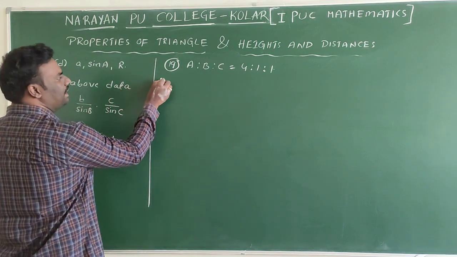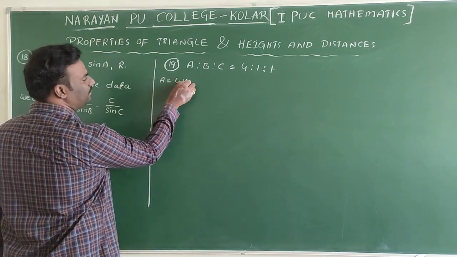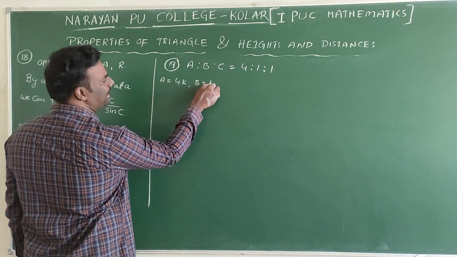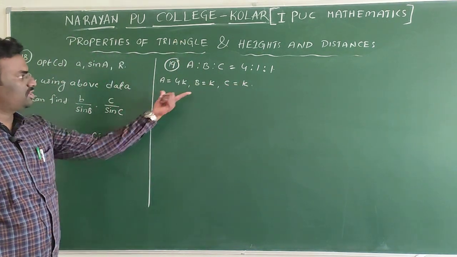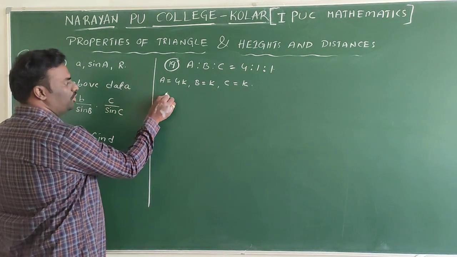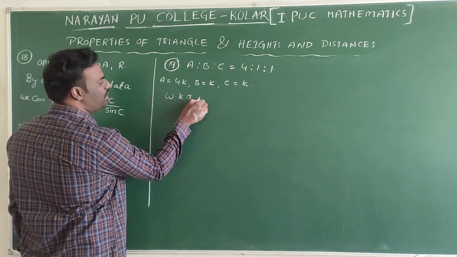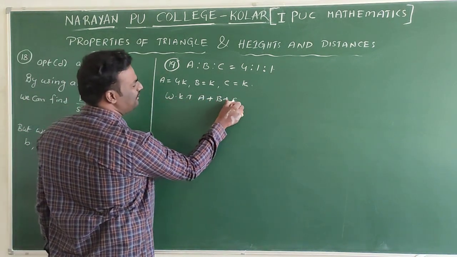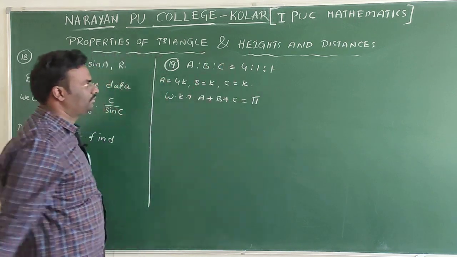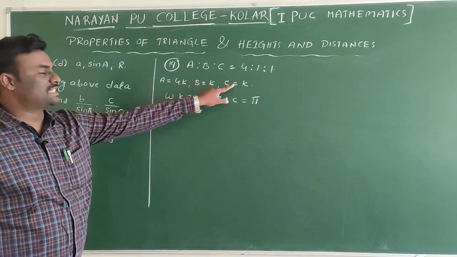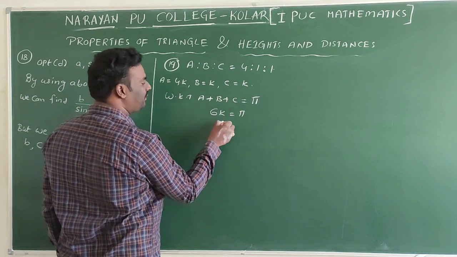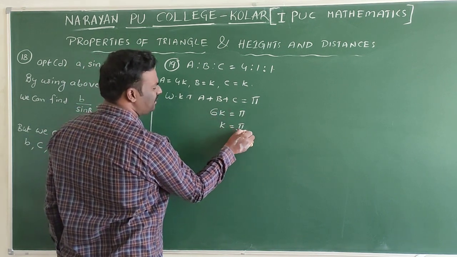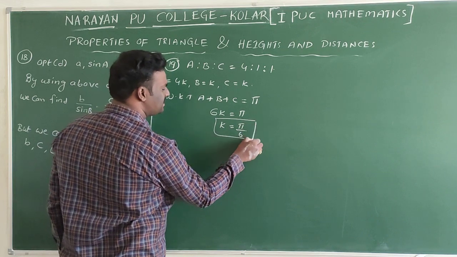Now I can take A equals 4K, B equals K, C also K. These are in the ratio 4:1:1. We know that the sum of angles is 180, so we will get the K value. Now 4K plus K plus K, that is 6K. Now K is pi by 6.